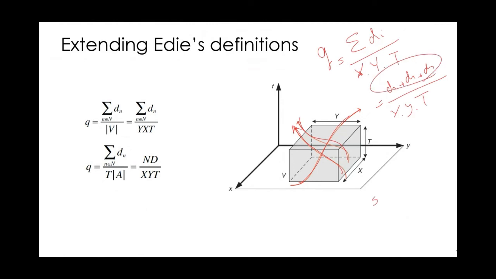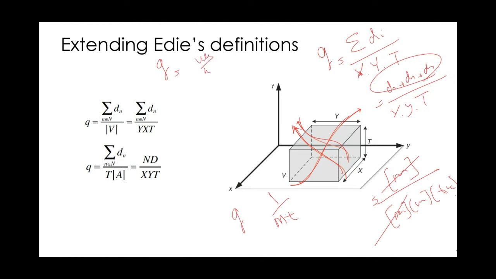And the unit is, this one would be in meter, and the denominator would be meter multiplied by meter multiplied by time. So meter and meter will cross out, and what is the unit? It would be 1 over meter time. Interesting. Previously, we talked about flow as being vehicles per hour or pedestrians per hour, right?